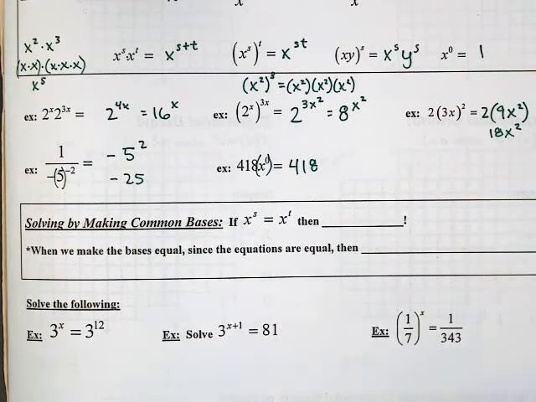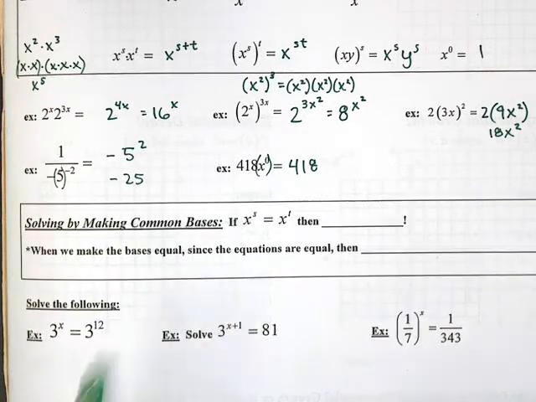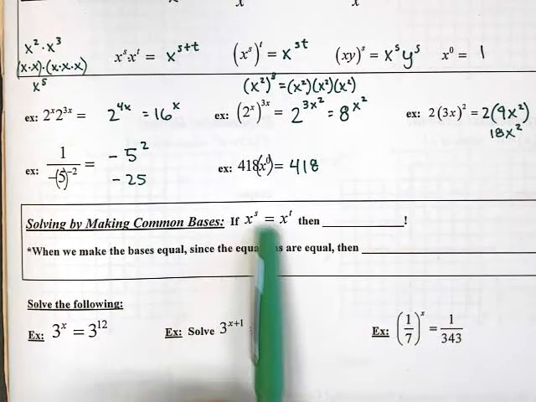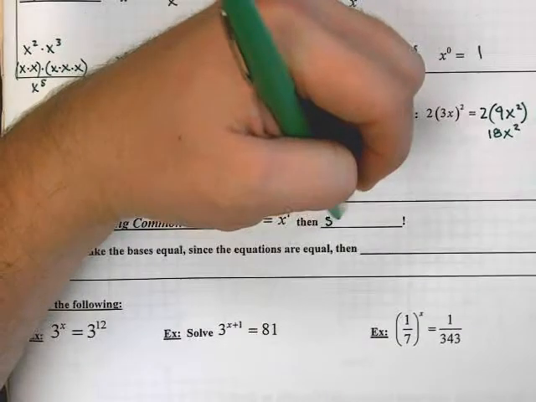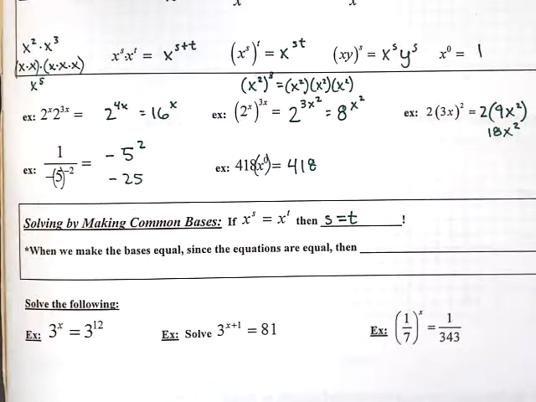Now I need to go over the common base. When we are solving exponential equations, it is always one of the best options to look to see if you can get a common base. Because if x to the s is equal to x to the t, then s equals t. And hopefully you guys can see that, right?